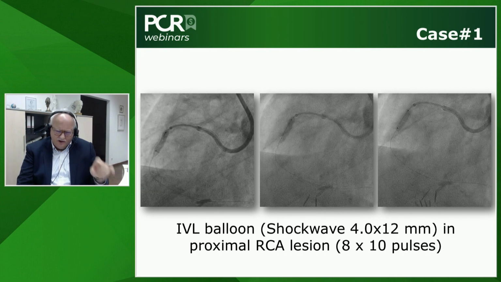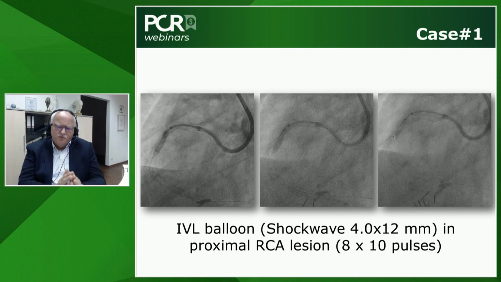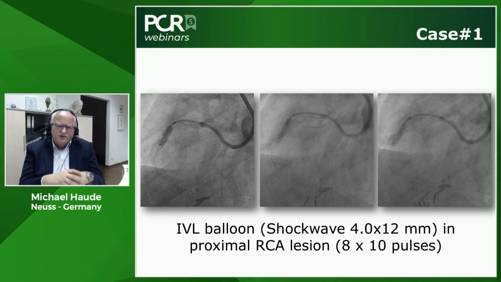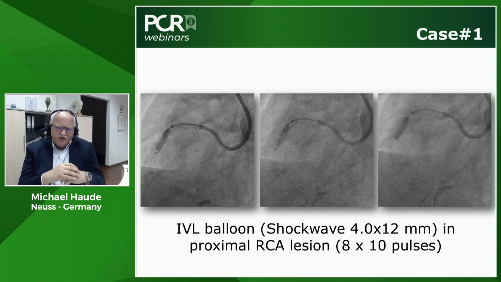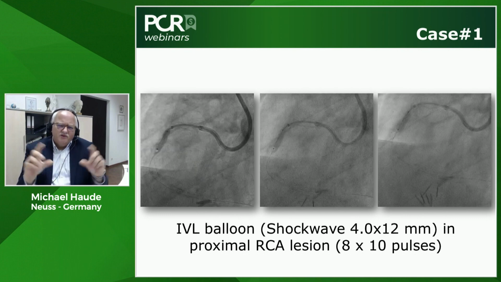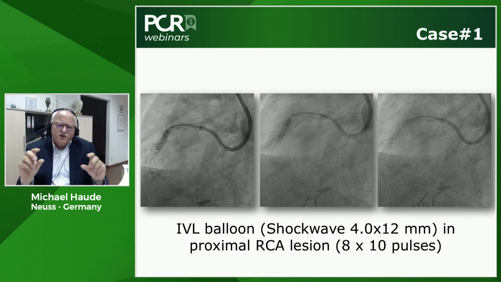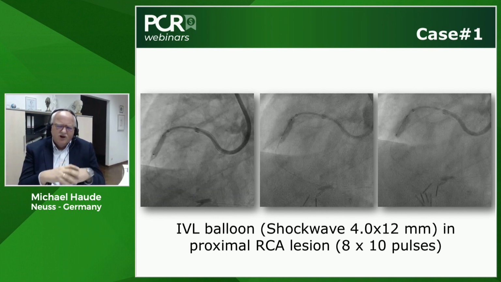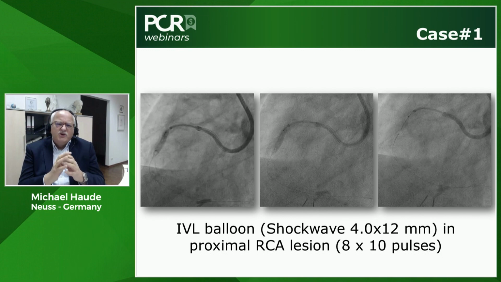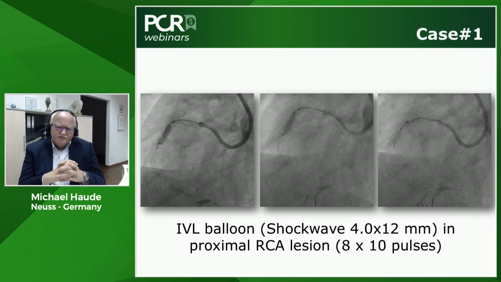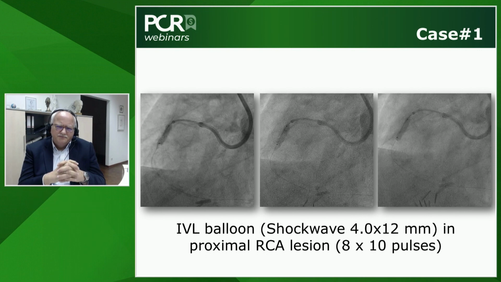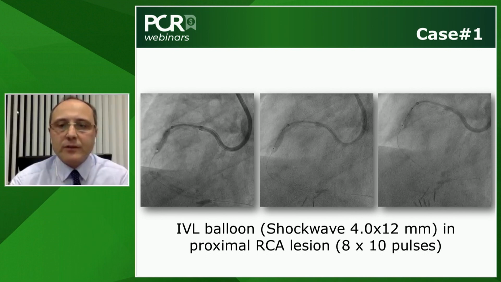I will directly go for predilatation and open up the lesion a little bit to facilitate bringing the IVL catheter down there. If I just have an angiographically normal-appearing stenosis, which is calcified, I would give it a try to go directly there with the IVL catheter. Benjamin, any different opinion on this point?